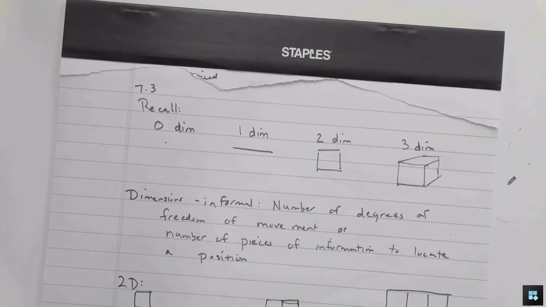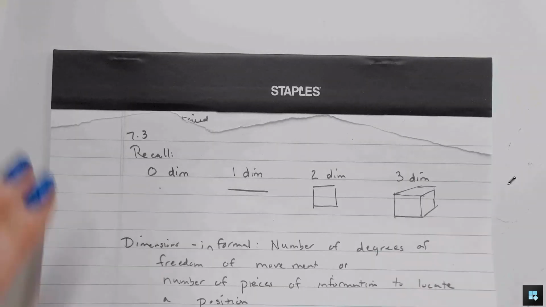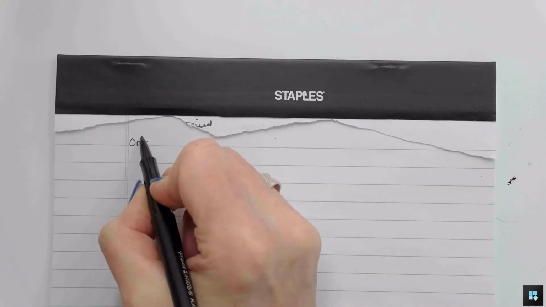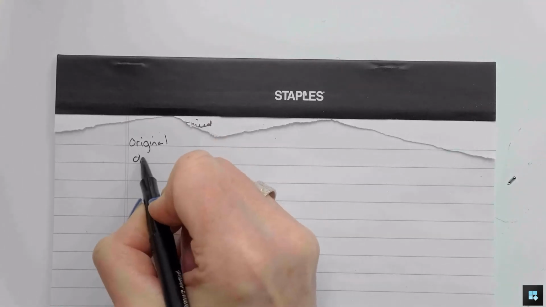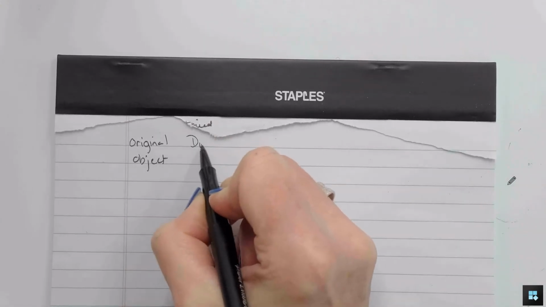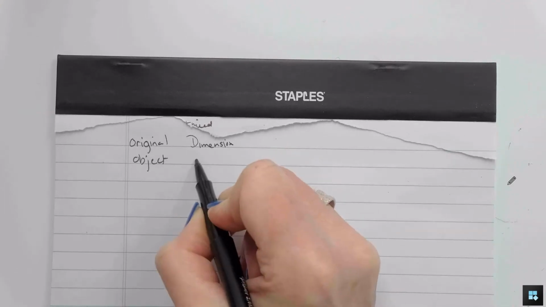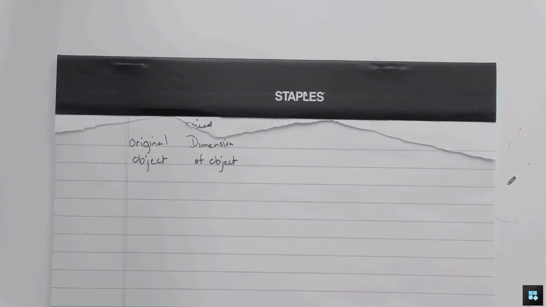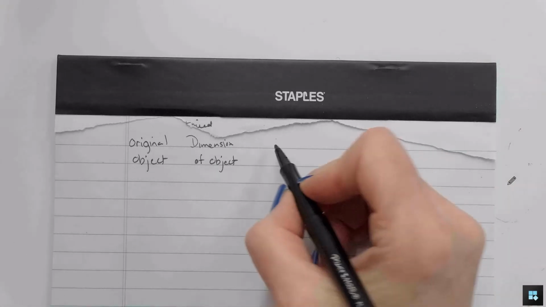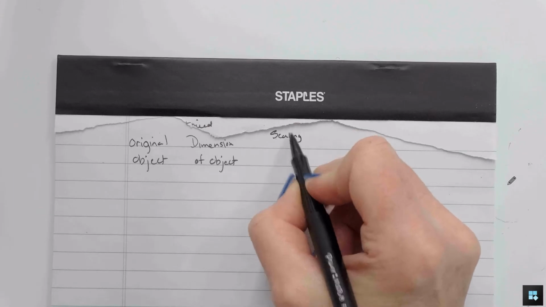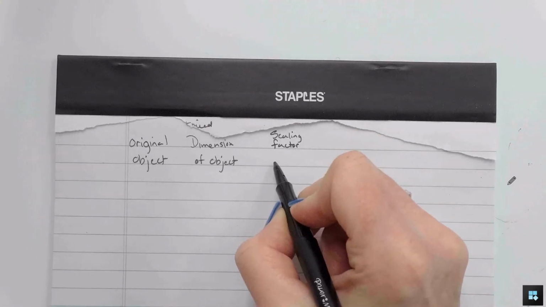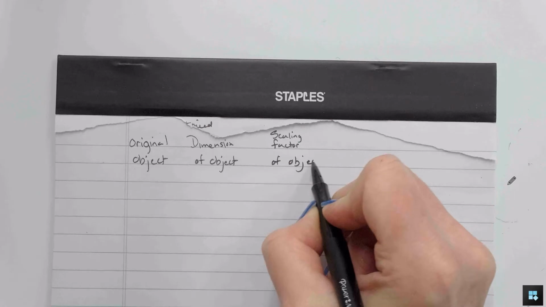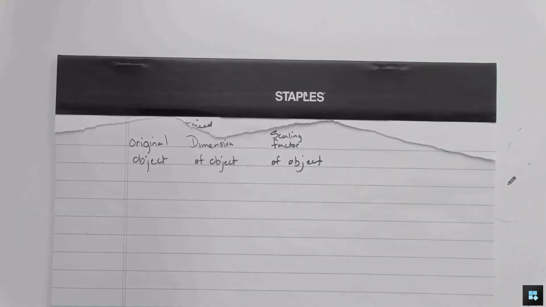So we'll write down what the original object is and the dimension of the object, we'll write down the scaling factor of the object, and the number of copies needed.